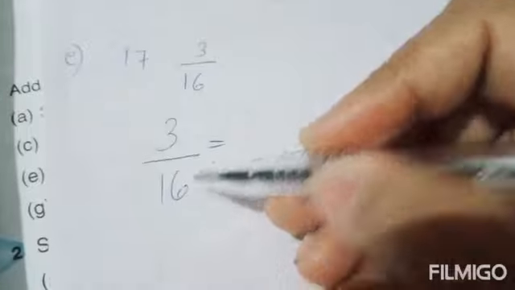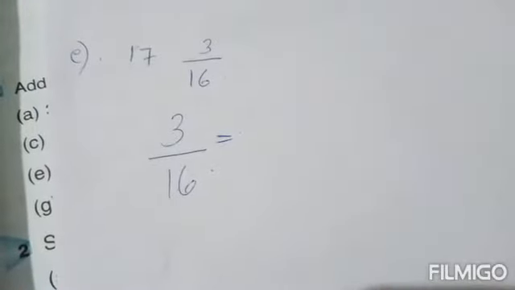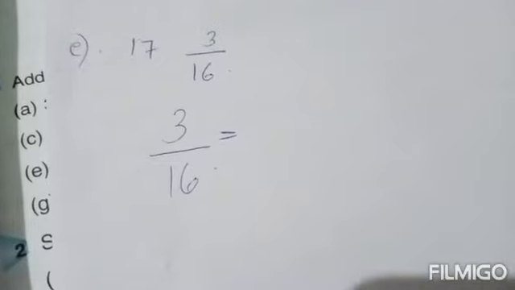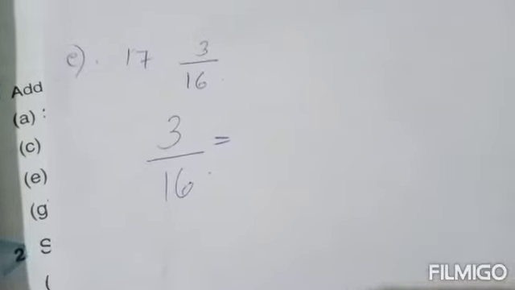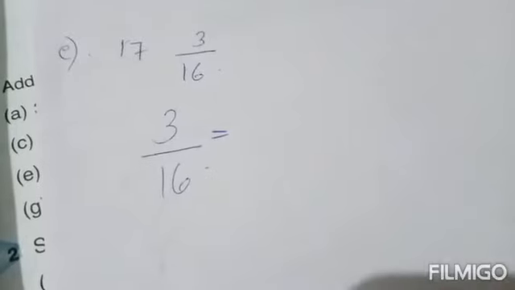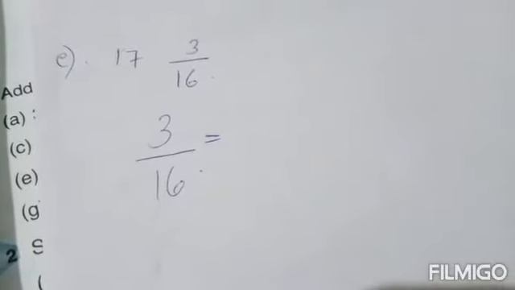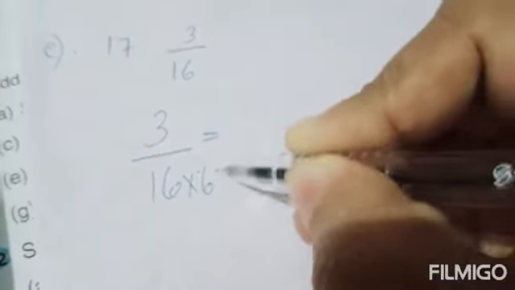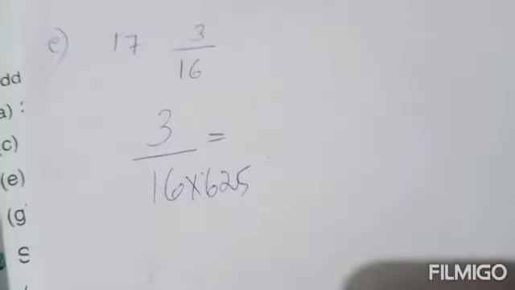So 16 into a number, you will not get 10. So next 100. 16 into a number, you will not get 100 also. So next 1000. 1000 also you will not get. Now 10,000. 16 into 625 is 10,000.